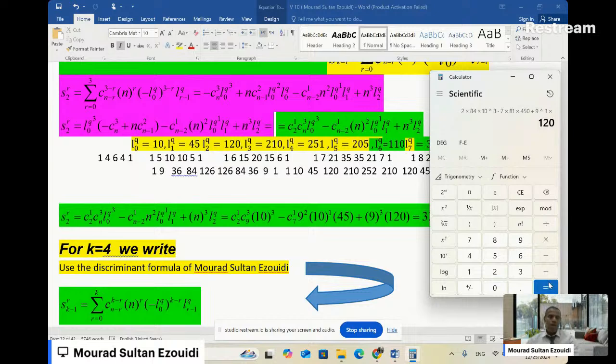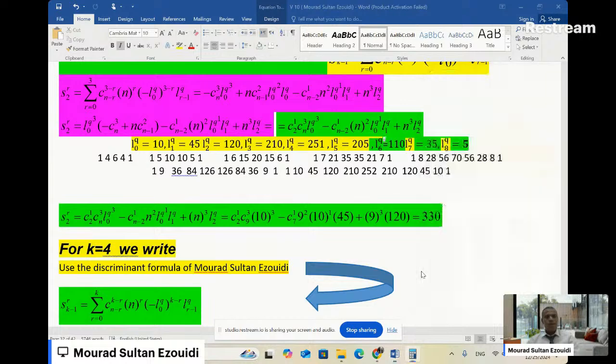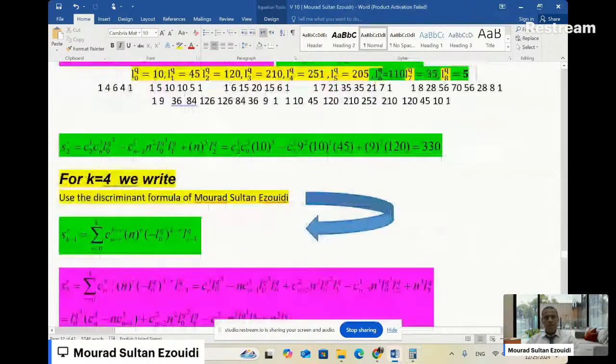So this one is equal to 330. Yes, good enough, correct. So this is 330.